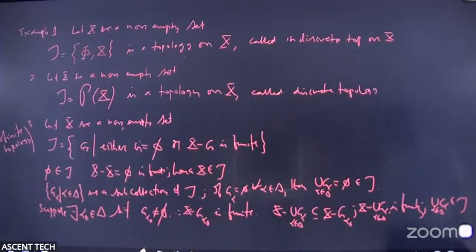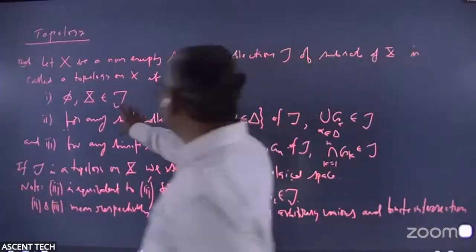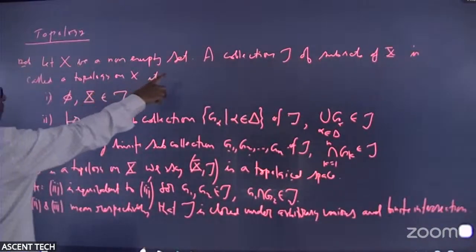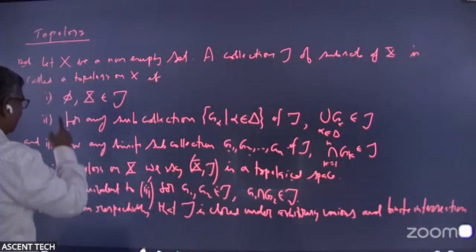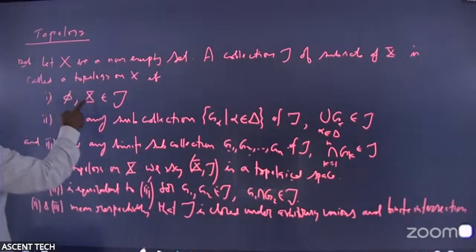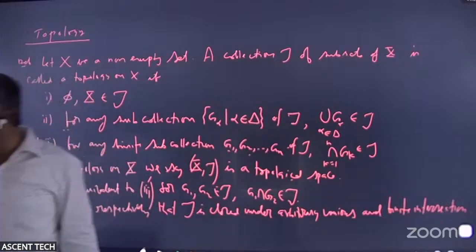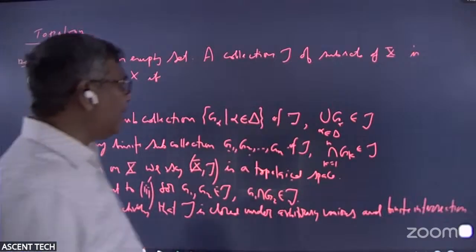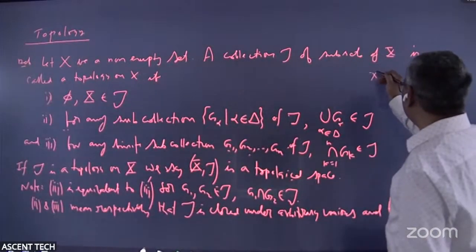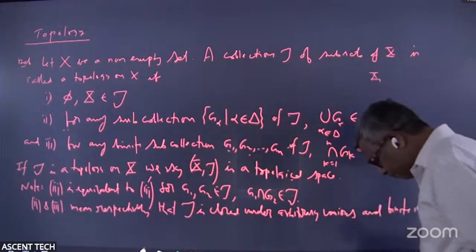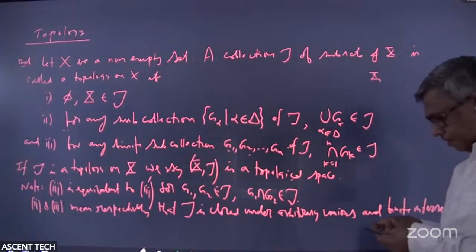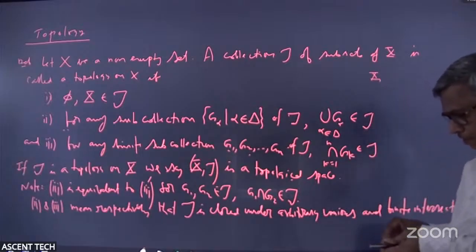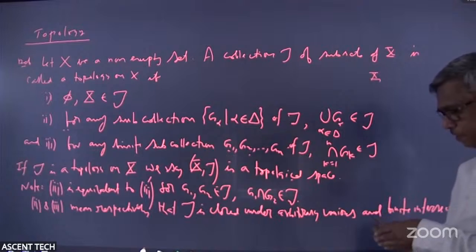Okay, there you go. These are the three axioms of the topology. A collection of subsets T of X is called a topology on X, provided it has the null set and the entire space. Maybe I should give you a light-hearted example. My pen, just a moment, will be there soon.